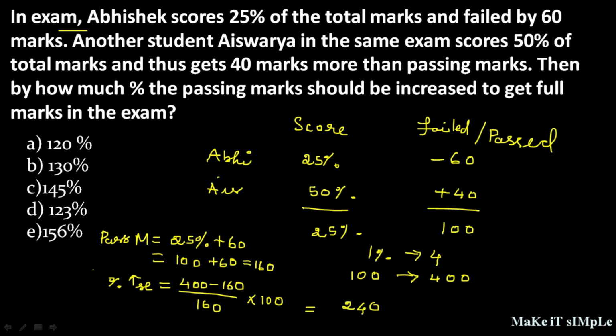Okay, here 160, so 10 when we cancel, so here 1 times, then 5 times, then 0. So answer is 150%. Okay, sorry, here 150. So option is 150, E option.